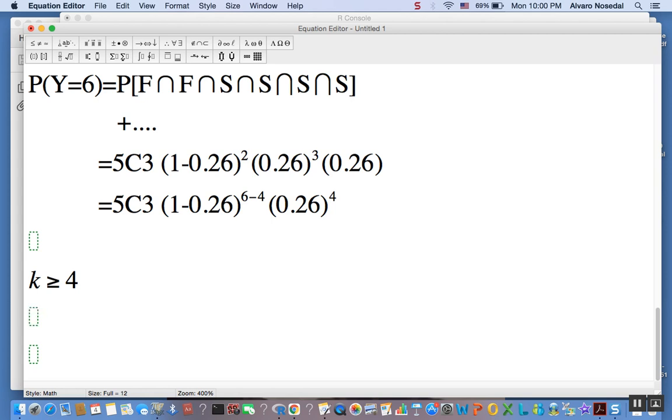Here we go. The probability that the random variable equals k is going to be, before, when we had 6 trials, this was 5 choose 3.